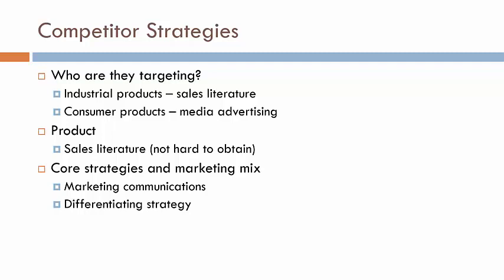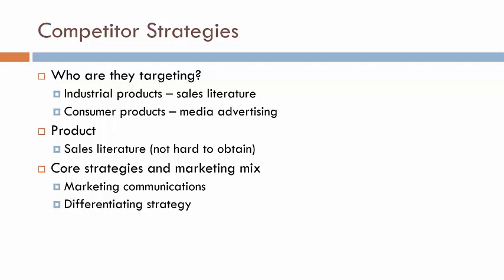Okay. Now, as far as the product itself is concerned, there's sales literature which is not hard to obtain in B2B markets because there are a lot of white papers that are publicly available. And media advertising can also help us understand what benefits the competitors' products offer and how our products compare with their offerings.